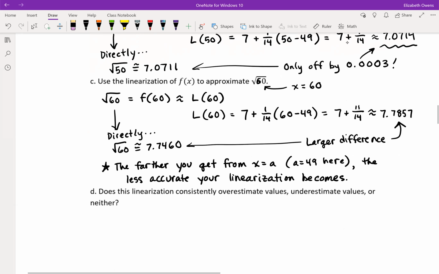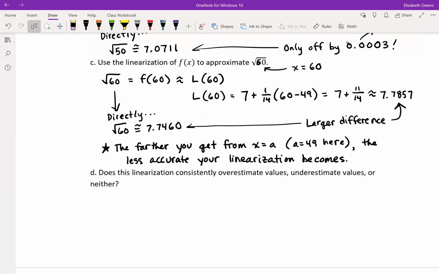Now in part D, does this linearization, the one at a equals 49, consistently overestimate values, underestimate values, or neither? And the fastest way to tell this is to think of a graph of what's going on. So let's sketch our function here, which is the square root of x. F of x equals square root of x.